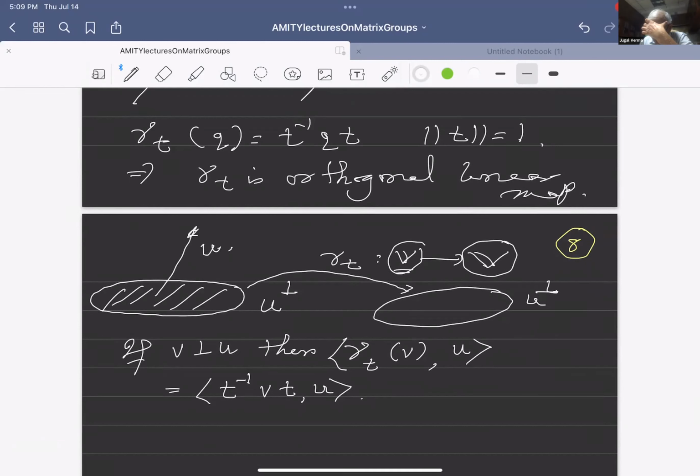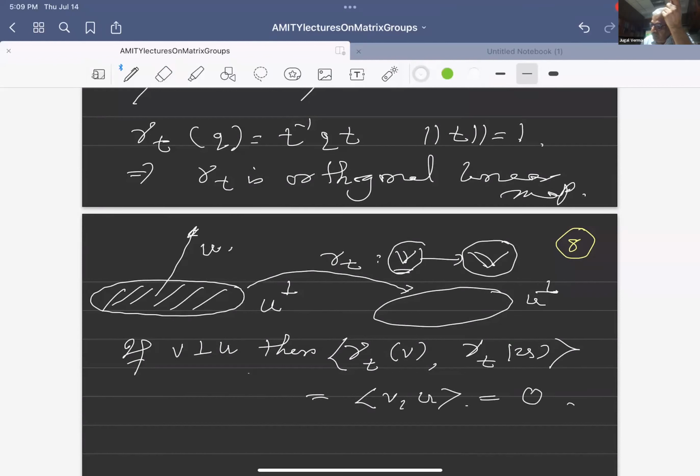This should be true for any orthogonal map, because this U is the same as gamma t of U, since U is fixed, and an orthogonal map preserves the dot product. This is the same as V dot U, and this is 0. Therefore, gamma t V is also in the same plane.